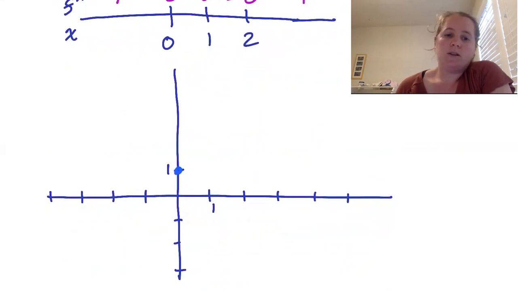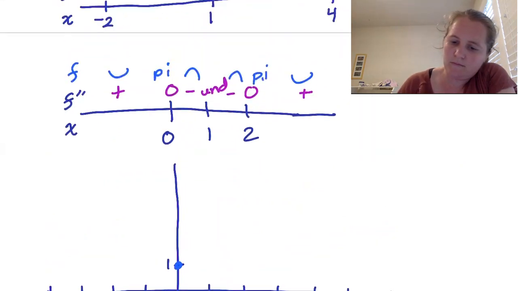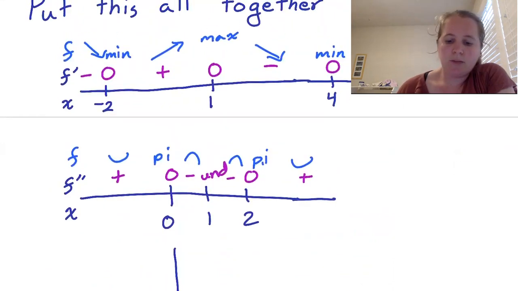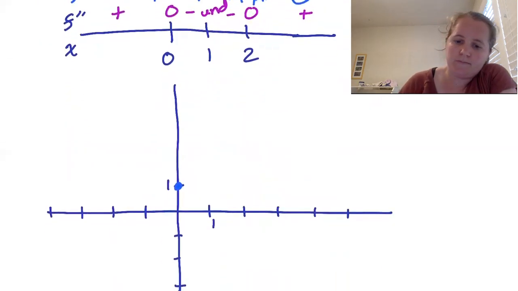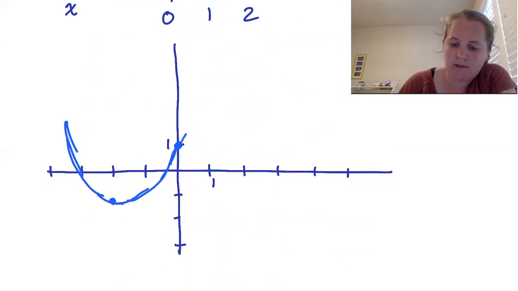We have a relative minimum at -2, and then a point of inflection at 0. So somewhere in here, we're going to have a relative minimum at -2. We have our concave up. And then at 0, we're going to switch to concave down.